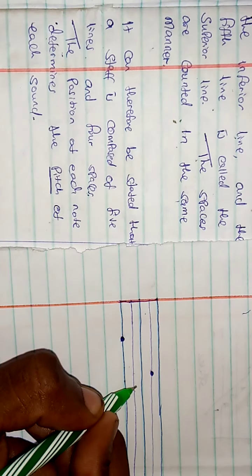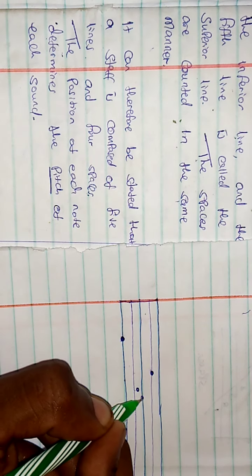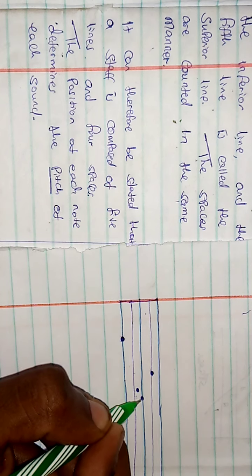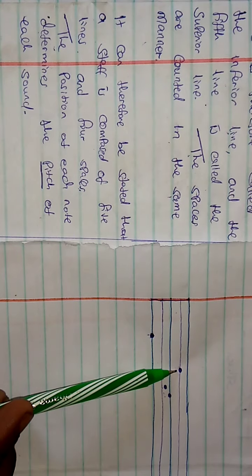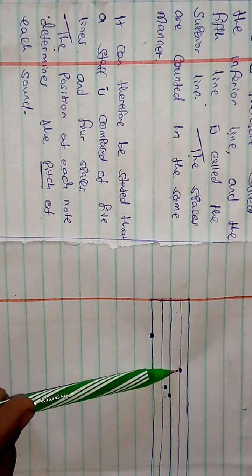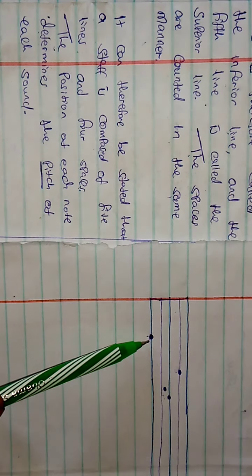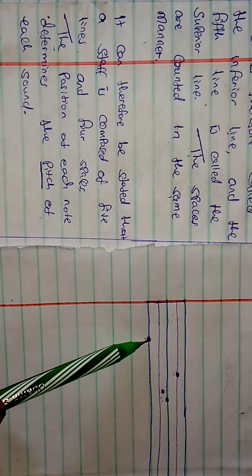Even if we take another note on this position and another from this position, the pitches will still be different. So the position of each note determines the pitch of each sound. The higher the note is placed on the staff, the higher the sound. The lower the note is placed on the staff, the lower the sound.